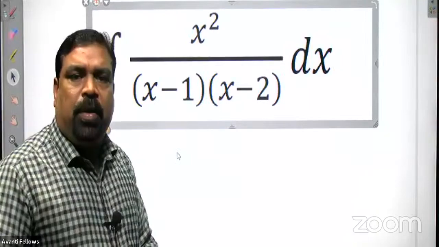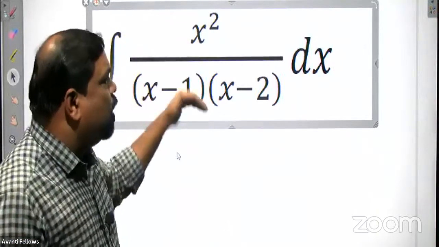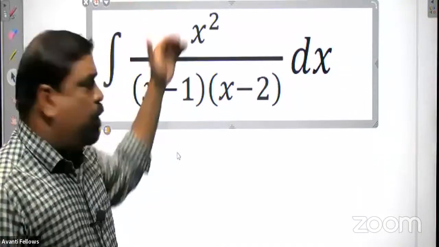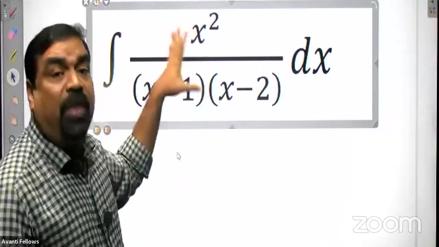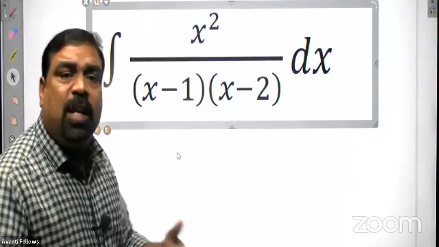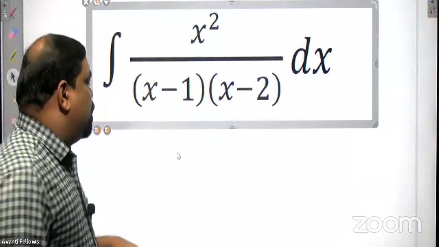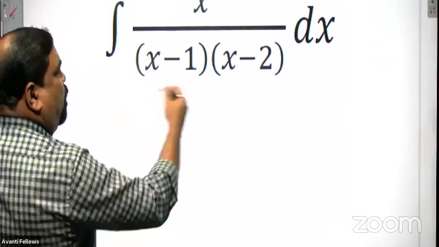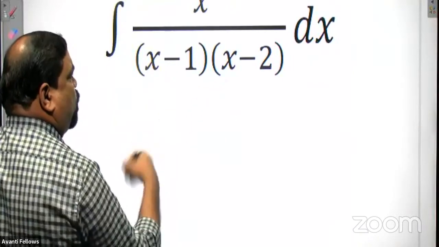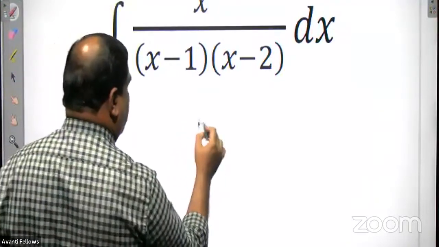So first we have to divide. Whenever the degree of the numerator is equal to or more than the degree of the denominator, we have to go for division first and make it a proper fraction. So that is the first step. The denominator we have to multiply out as a quadratic, then divide.